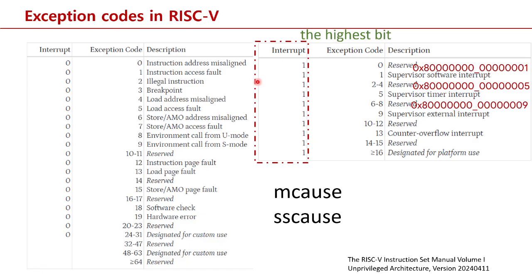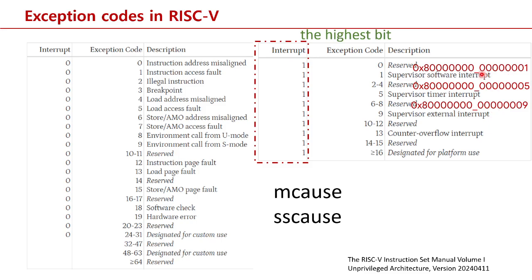Then as for the second case, where the trap happens because of an interrupt, we have a different value inside the mcause register or supervisor cause register. In this case, since the highest bit is 1, the register has this kind of value.